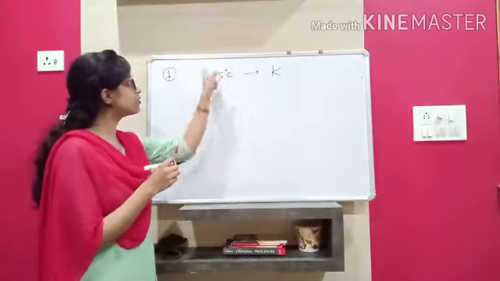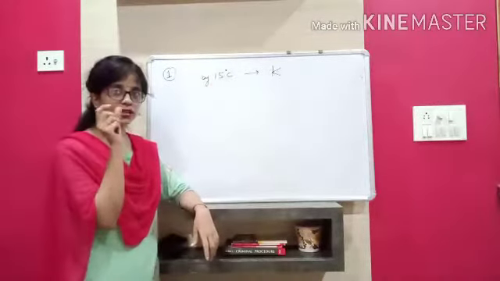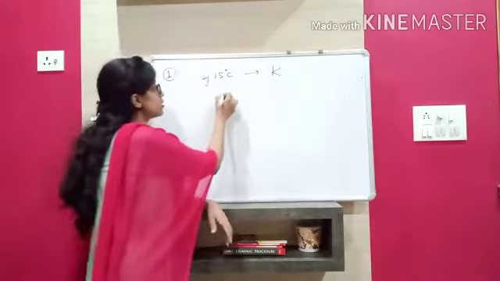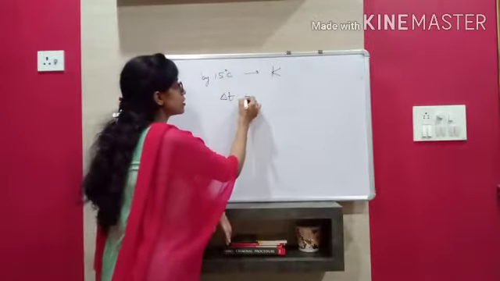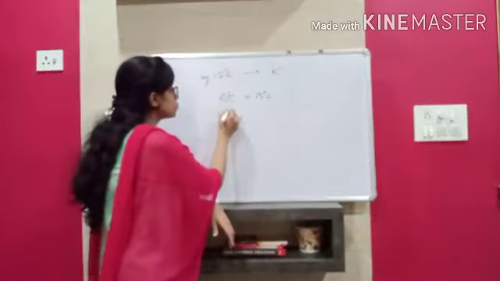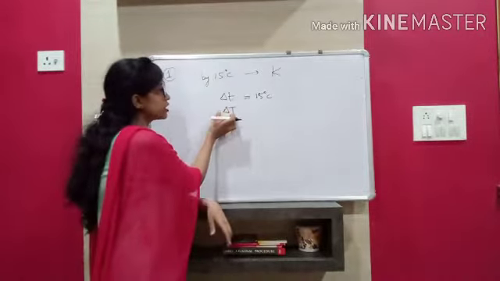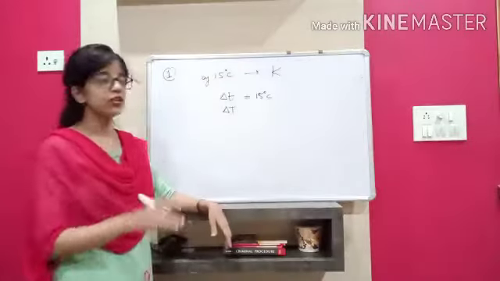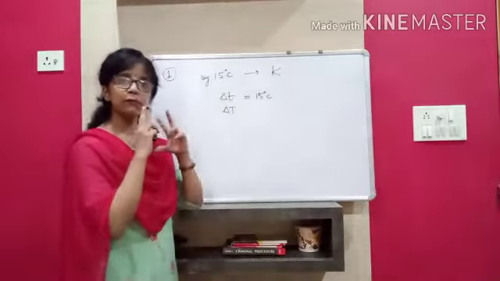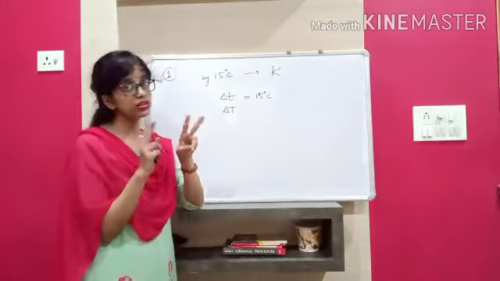By the way, this 15 degrees Celsius is not the exact temperature. It is the rise in temperature. That means change in temperature is given as 15 degrees Celsius, and you have to calculate the change in temperature in Kelvin scale. If you remember, in the last class we learned that the temperature difference is the same in both these scales.